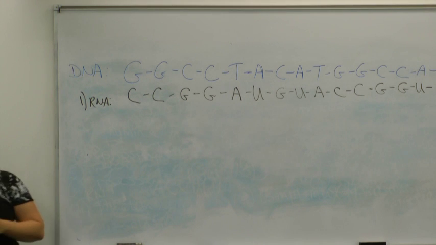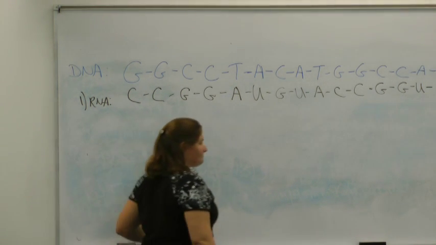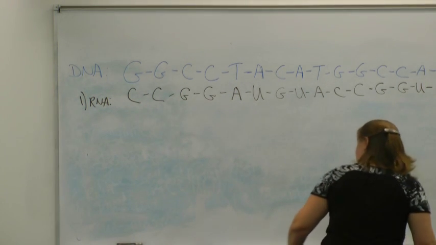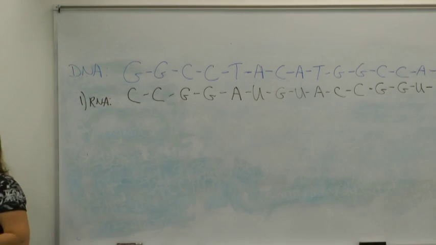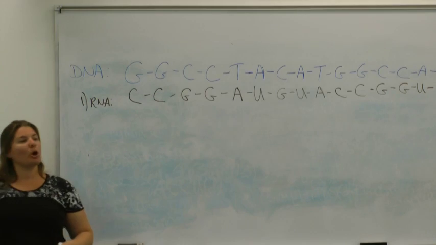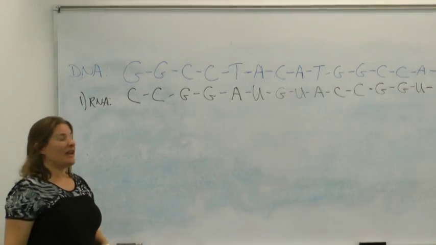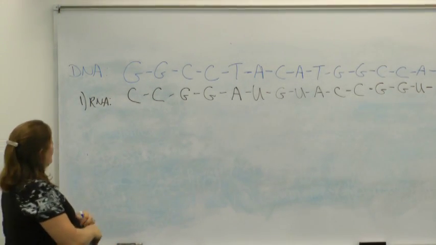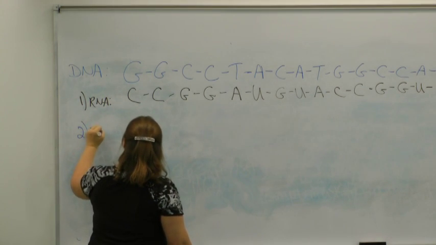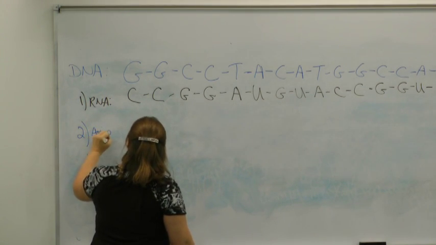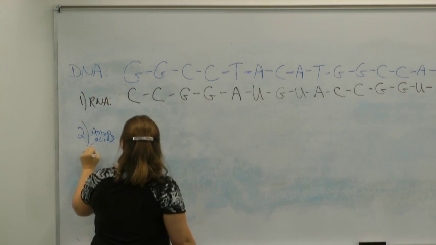Now's the fun part. Now we get to do translation. In translation, what do we have to do? What initiates translation? The reading of what special codon? AUG. So for translation, we're going to get amino acids, which eventually build proteins.